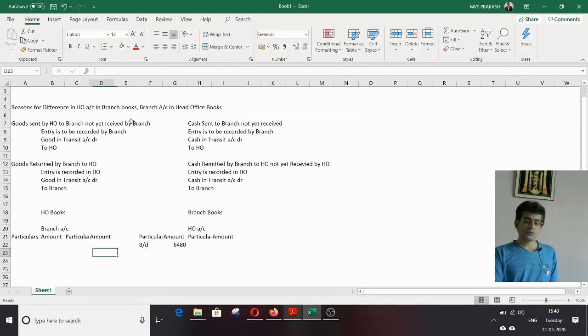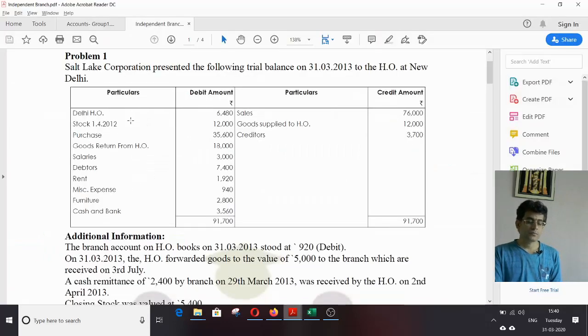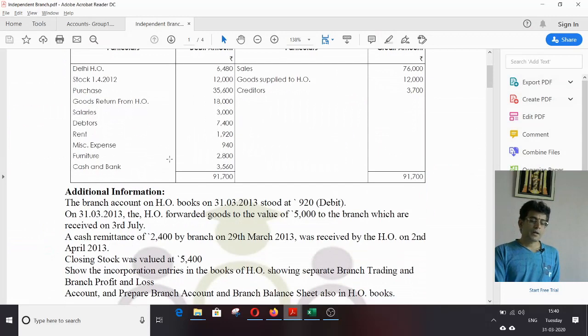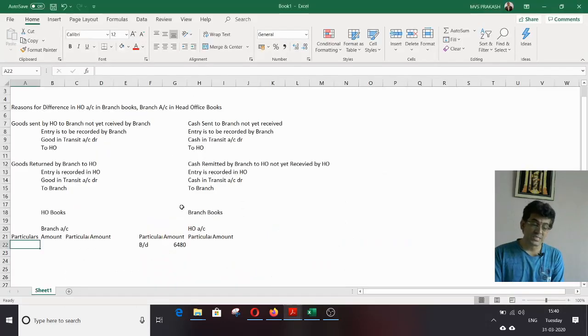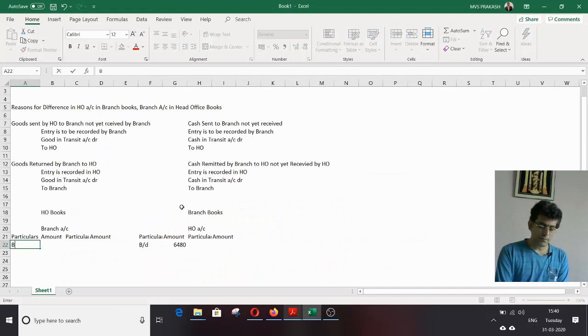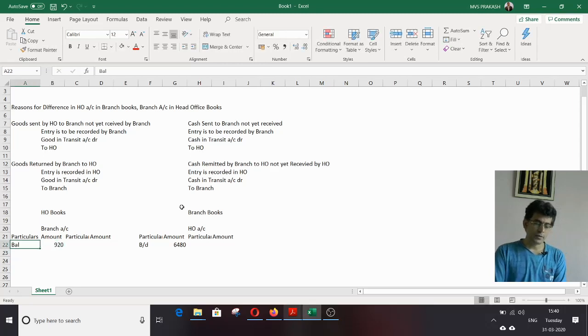That is the balance which is shown. Now, if we come down, the branch account in the head office books stood at 920 rupees debit. So ultimately, here the balance brought down you are having is 920.